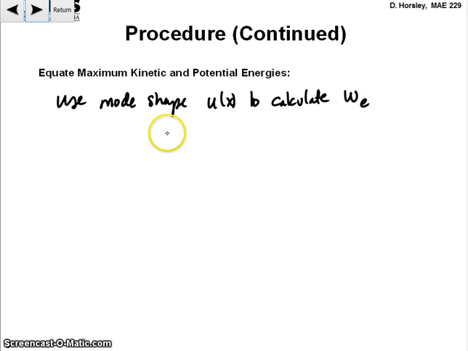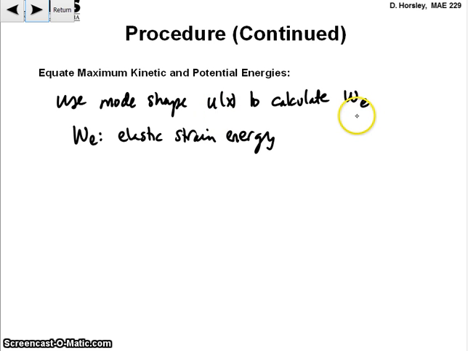So WE is the elastic strain energy. So we use the vibration mode shape to calculate the elastic strain energy. This is exactly what we did in the last lecture. And we're going to equate that, WE, to WK, where WK is the kinetic energy integral that I put on the previous slide.